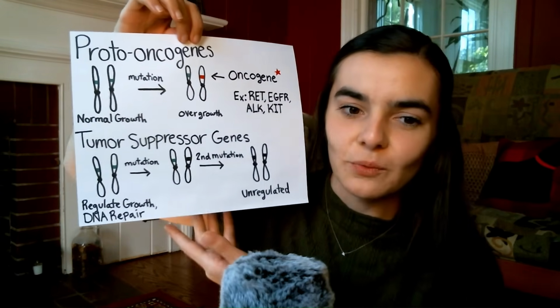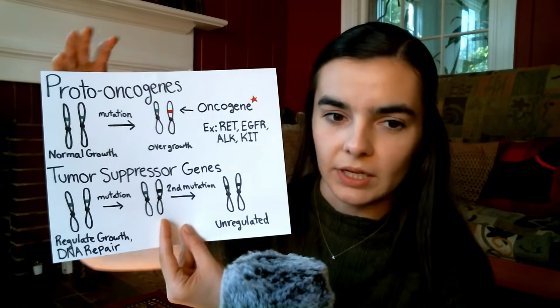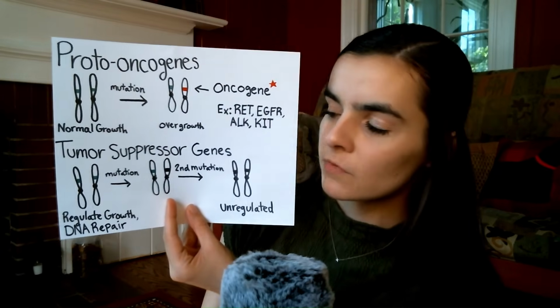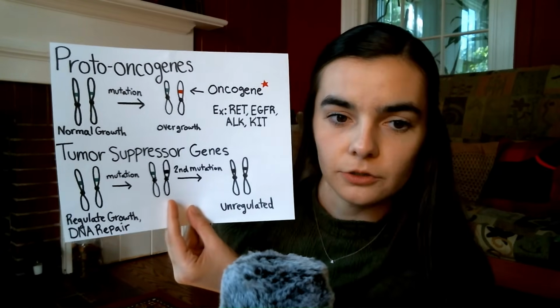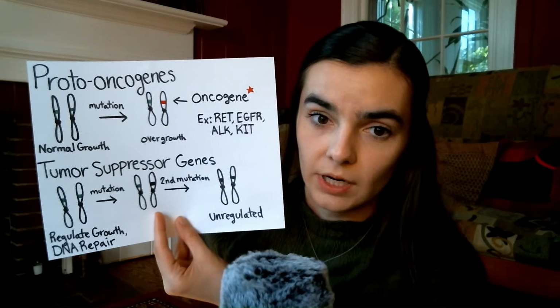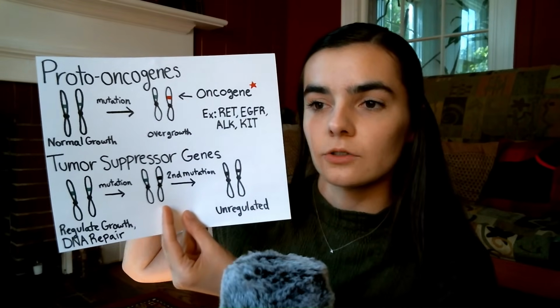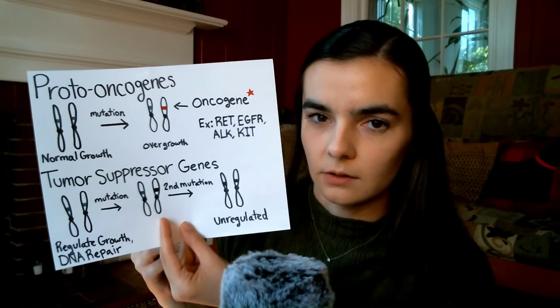Down here, we have our tumor suppressor genes, and this is the big thing that we're talking about with hereditary cancer. As opposed to the proto-oncogenes, tumor suppressor genes' job is essentially not to stop cells from growing, but to regulate cell growth.